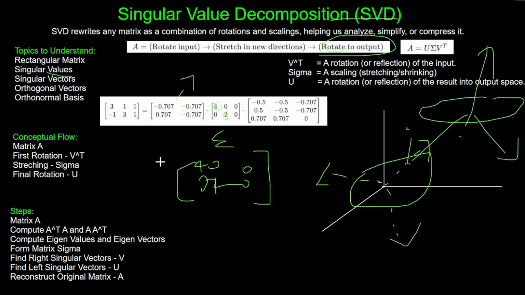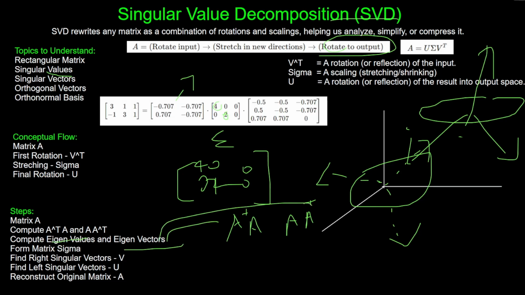And if you see the mathematical steps in this equation, first we need to have the input A here, and after that we'll find A transpose A and A A transpose in order to get the symmetrical matrices. After that we will find the eigenvalues and eigenvectors.